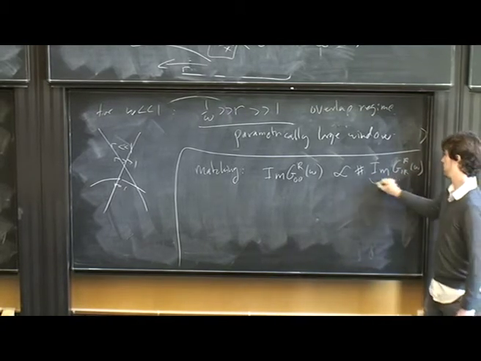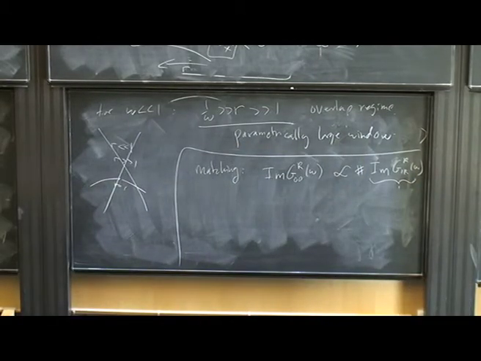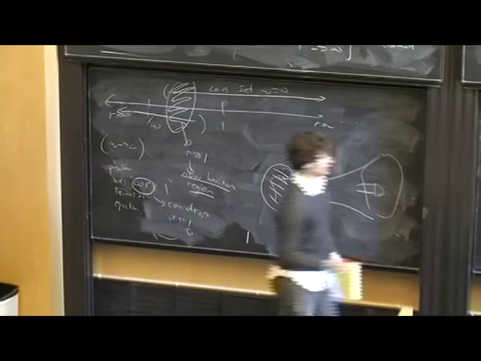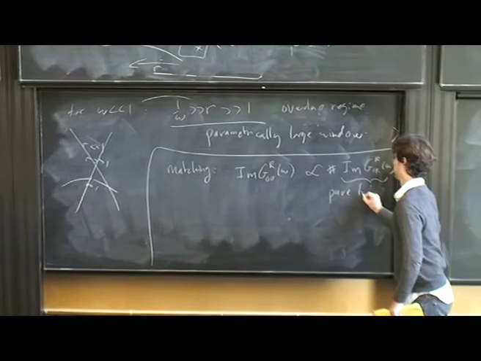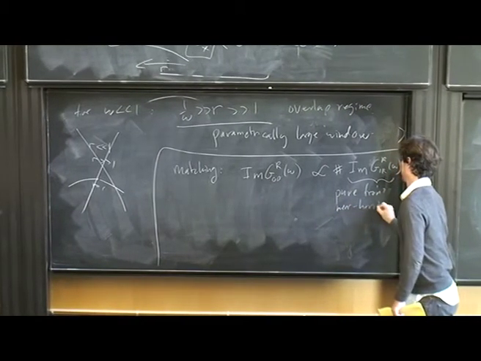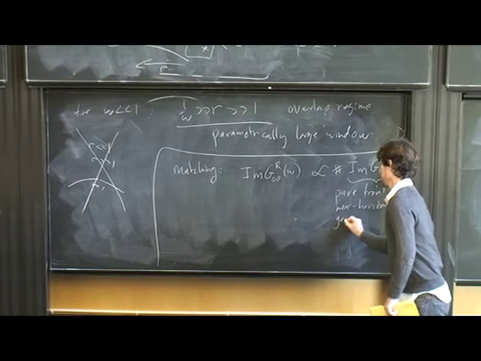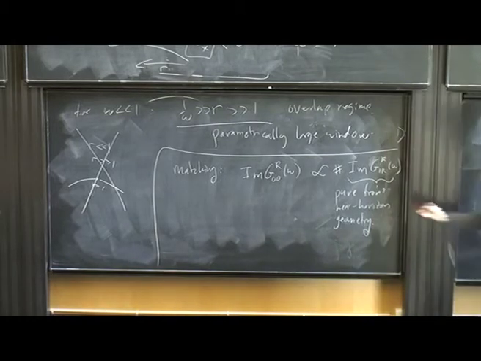This is some quantity that you can calculate purely from the infrared geometry, from the near horizon geometry. So what is this?